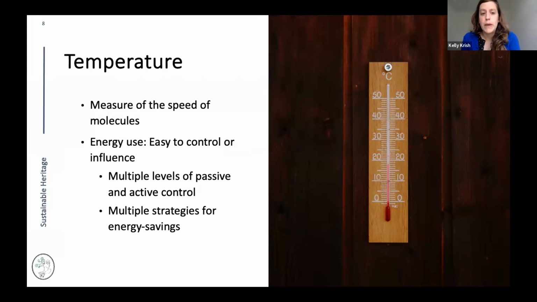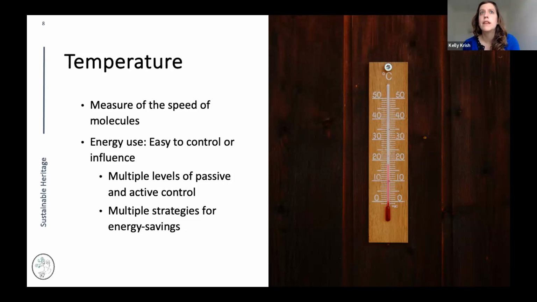From an energy perspective, this is relatively easy to control or influence. Usually, when we're looking at environmental data from places, it tends to be that of the parameters, temperature is usually the one that tends to be more within their desired goals, and kind of showing more control. It is hard to control temperature through some passive measures.